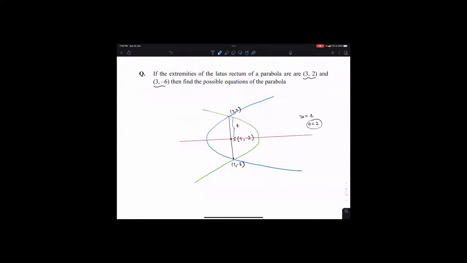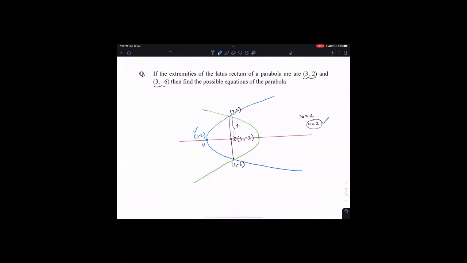Okay. So coming to the blue one, now this is 2a, then this will be a, no? We have seen that already. The distance between vertex and focus is a. a is 2. So to get the vertex of the blue parabola, we need to go left side by 2 units. So from (3, -2), if you go left side by 2 units, you will get (1, -2). That's how you write the points. Now you know the vertex.